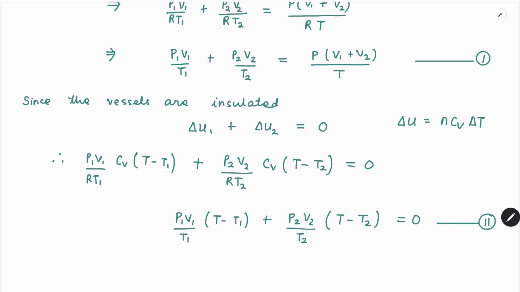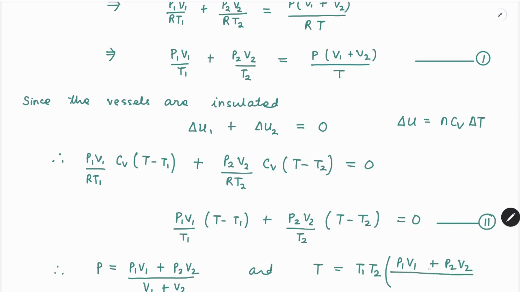Now on solving the two equations which we have for P and T, we get P equals (P1 V1 plus P2 V2) by (V1 plus V2), and the temperature expression turns out to be T equals T1 T2 (P1 V1 plus P2 V2) divided by (P1 V1 T2 plus P2 V2 T1).